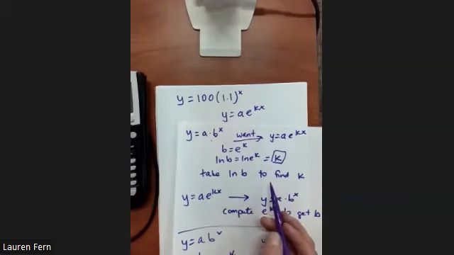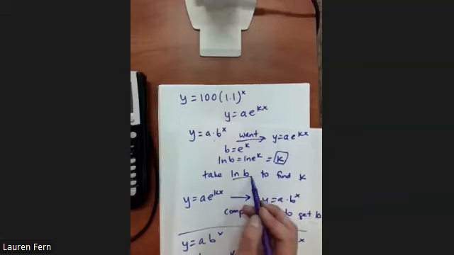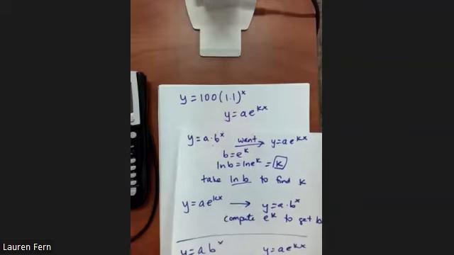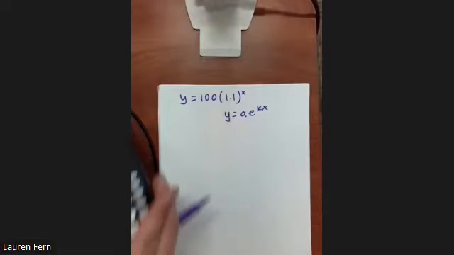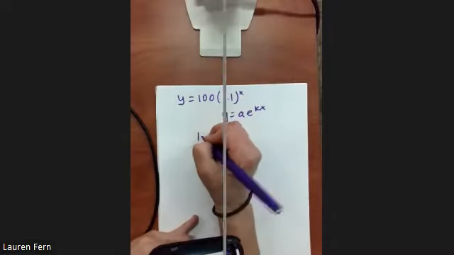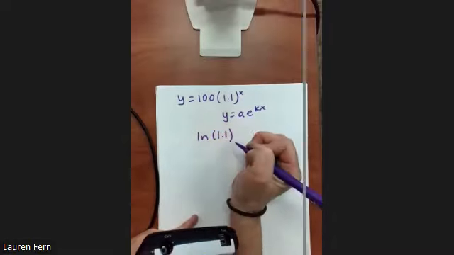To find k, you take the natural log of b. In other words, what I'm going to do is compute the natural log of 1.1.